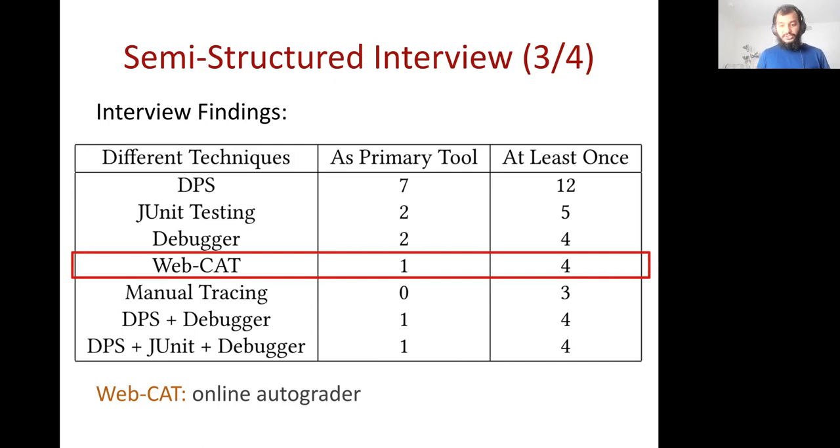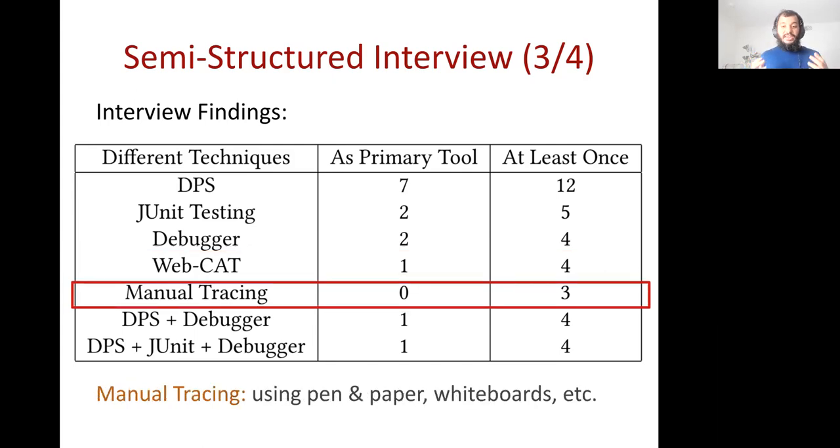The primary purpose of an online autograder is to check and verify students' solution code against instructors' hidden reference test cases. Some of our interviewees mentioned that they tested and debugged their code by submitting to the WebCat autograder and getting feedback in the form of pass or fail test cases.